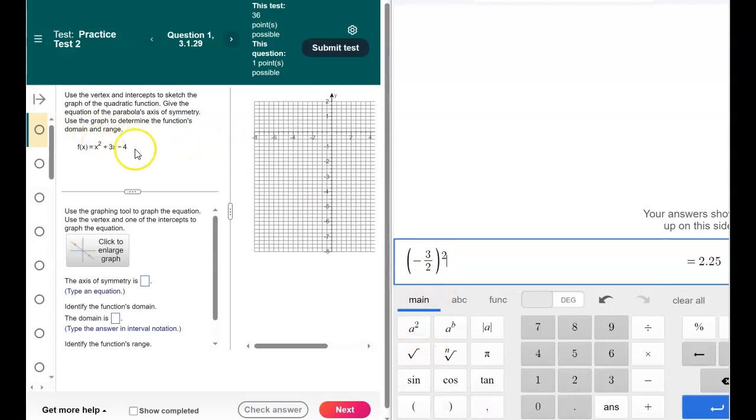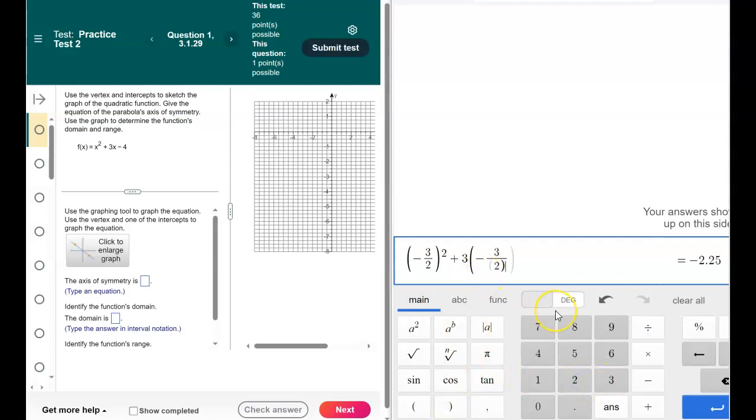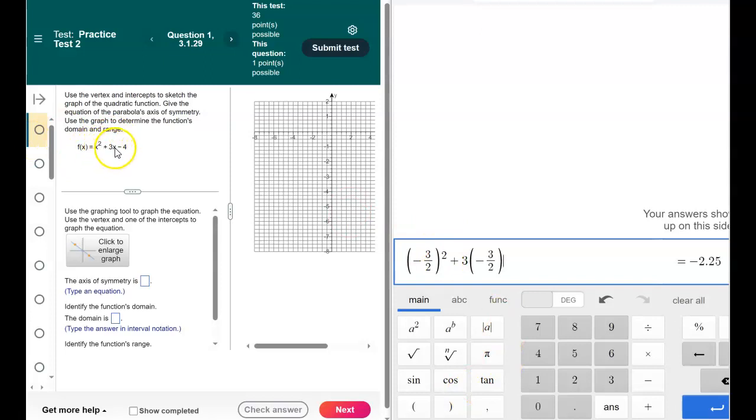And then plus 3 times, again, negative 3 divided by 2, in parentheses. So that is for the 3x. Again, you replace the x by negative 3 over 2. And then minus 4. That is the y-coordinate of the vertex of the parabola.